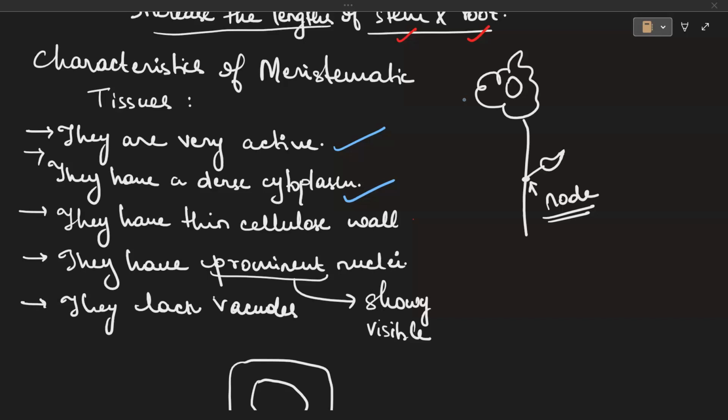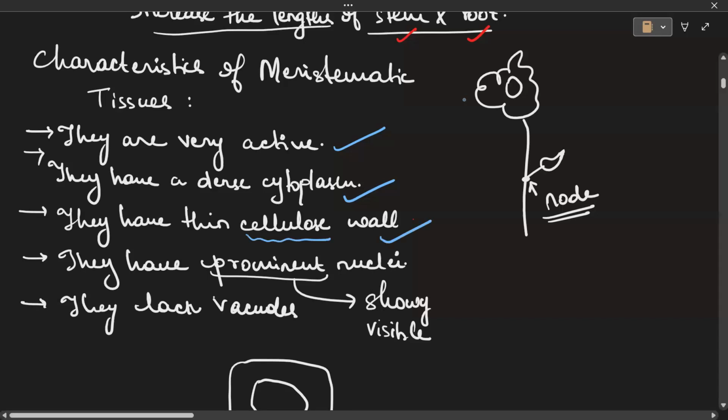Now, everyone must know that plants have a cell wall. The meristematic tissues have a thin cellulose wall, meaning a wall made up of cellulose. They have prominent nuclei, meaning the nuclei are big enough to be easily visible.